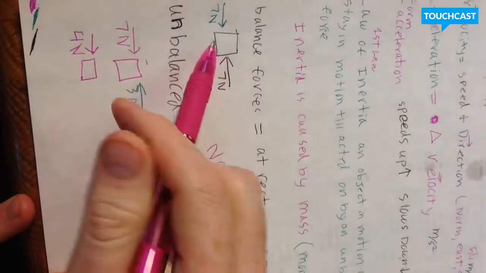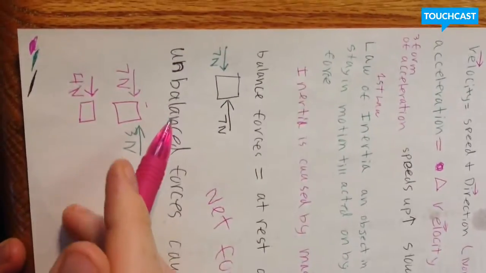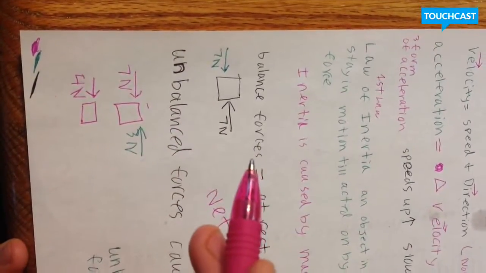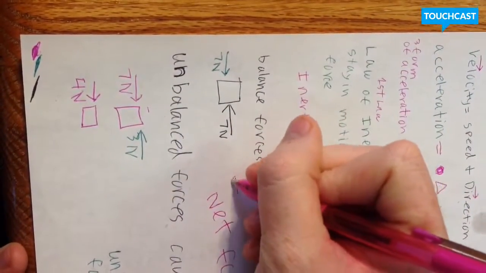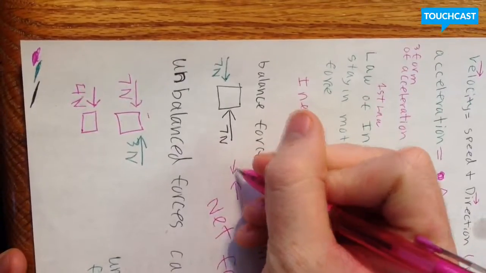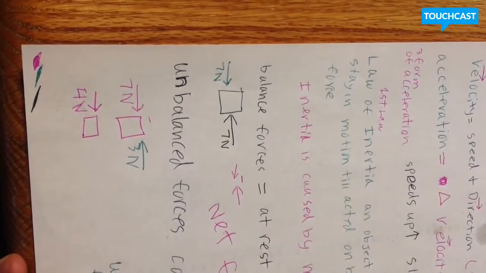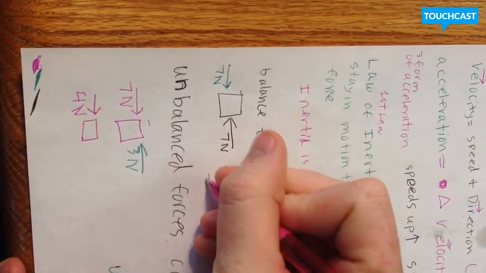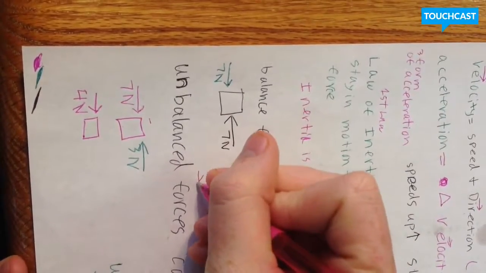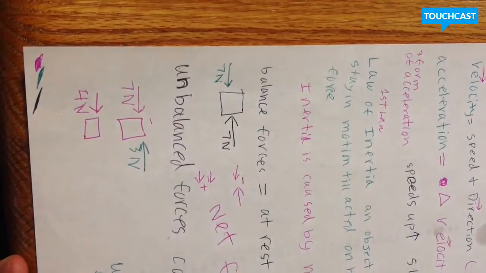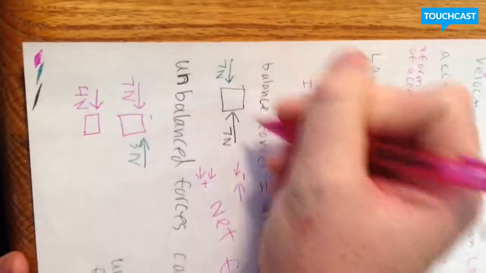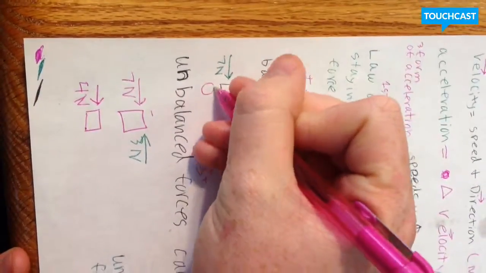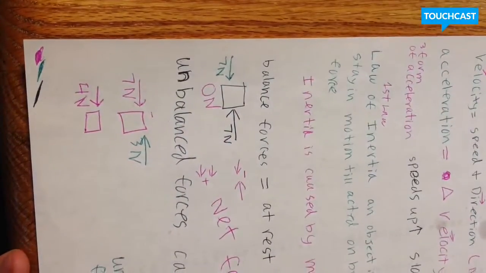So if you look here, on this box, we have 7 newtons on each side. Now, if you push in opposite directions, you subtract. If you push the same way, you add. So these guys are pushing in opposite directions. You subtract 7 by 7 and your net force would be 0.